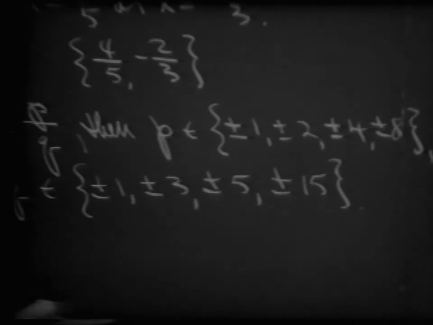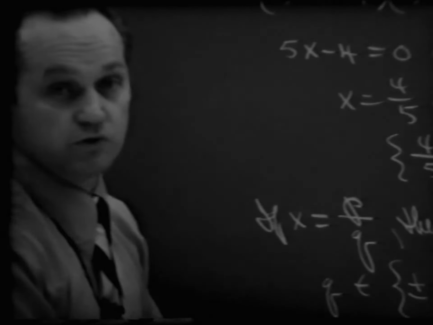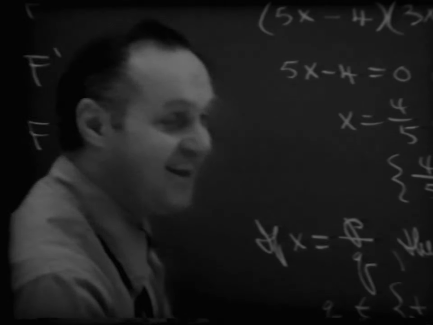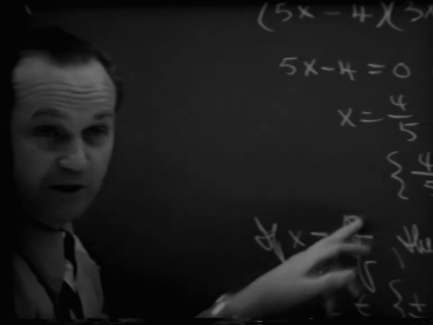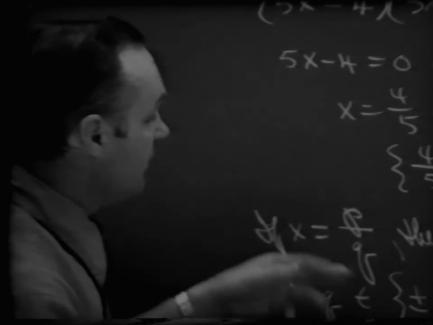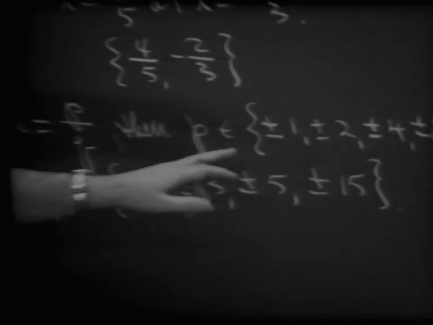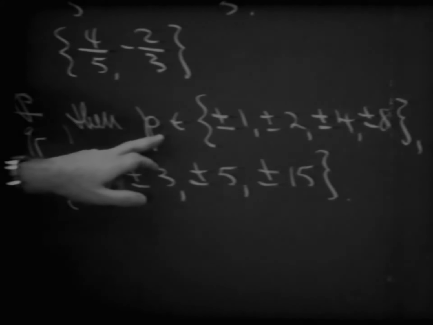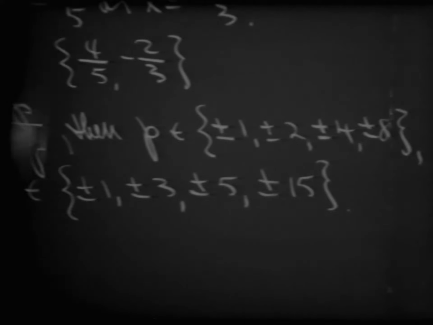Now, out of all possible roots over the set of real numbers, if there are any roots that are rational, that is of the pattern p over q, where p and q are in lowest terms, then the theorem says they must be numbers which will be factors in the case of the numerator p of the constant term and the denominator q of the leading coefficient.